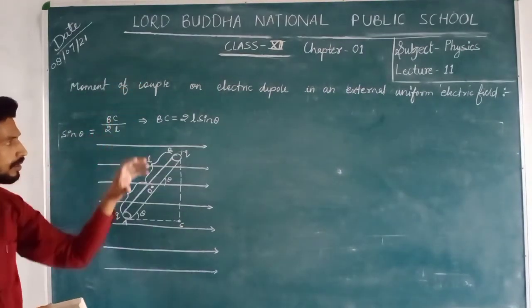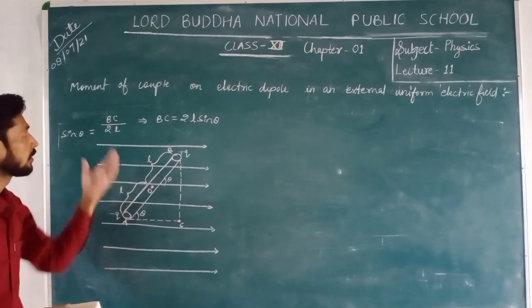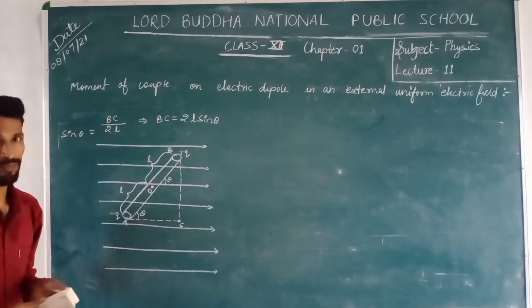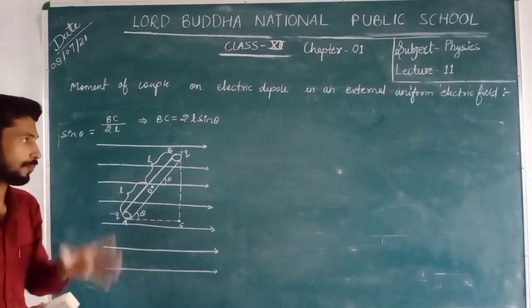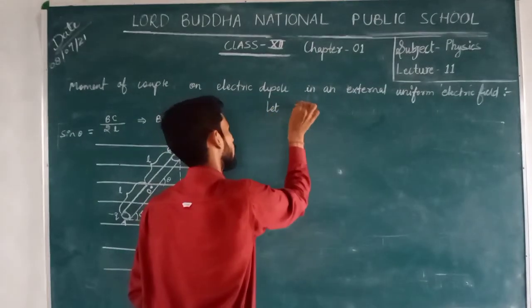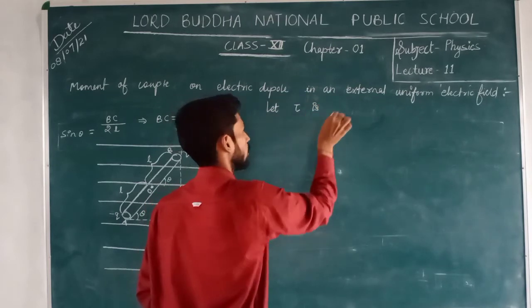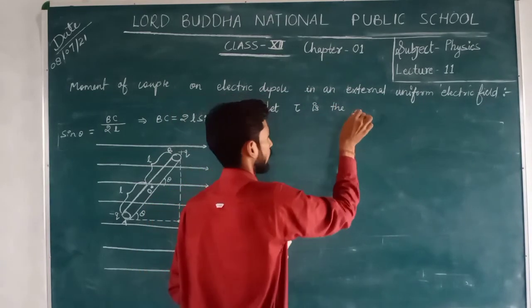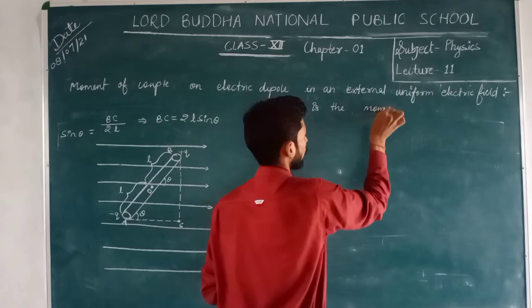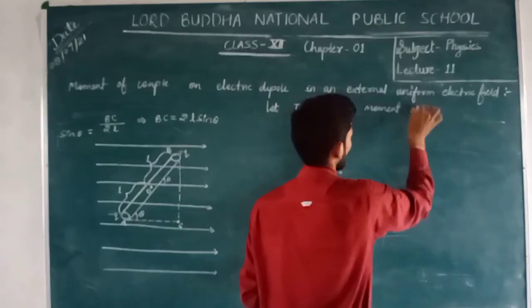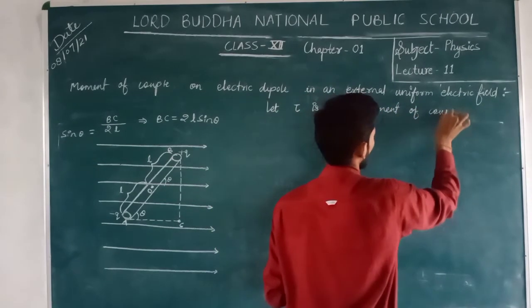Now, the formula of the moment of couple, that is denoted by tau. So let tau be the moment of couple.